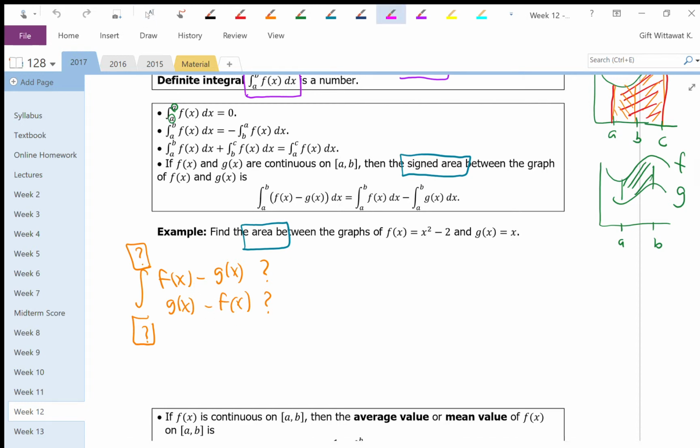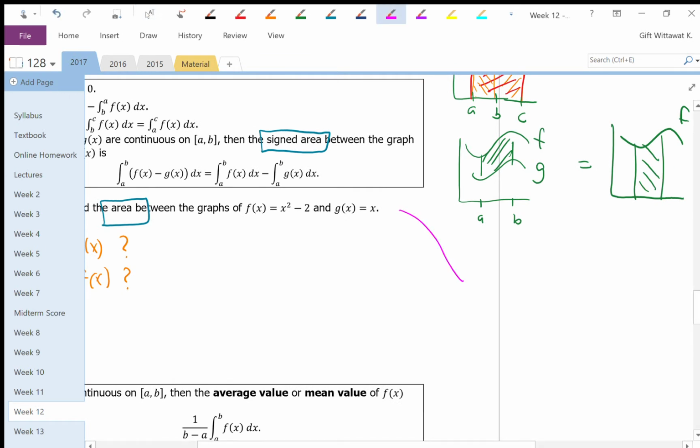So let's see what the graph looks like. f of x, and g of x equal to x. This is pretty easy to draw. It's just a straight line. So that's my function g. My function f is a parabola. x squared minus 2 should look something like this.